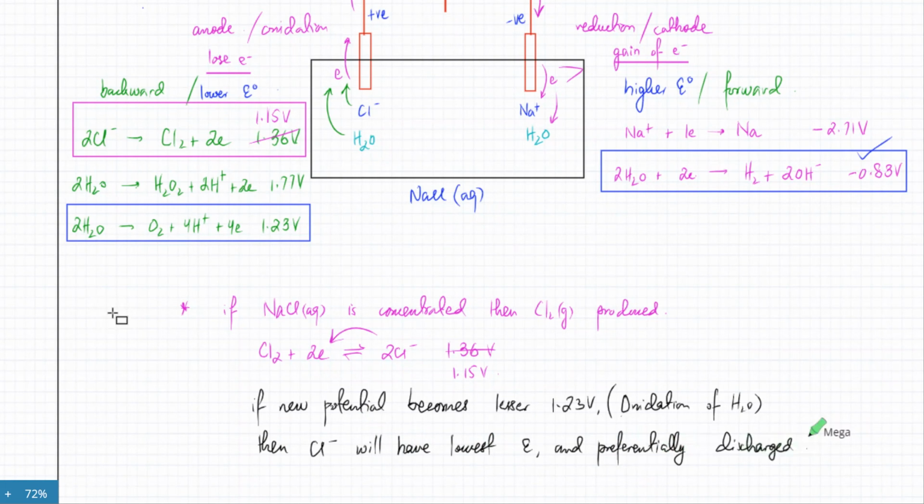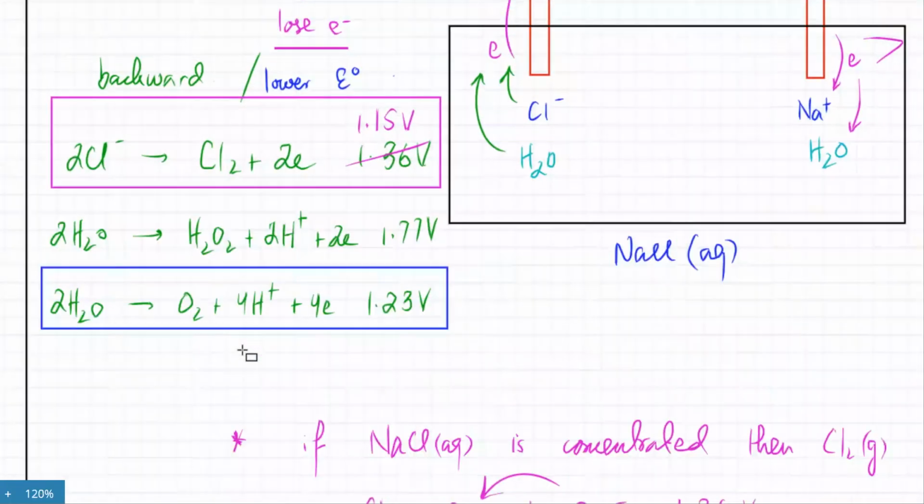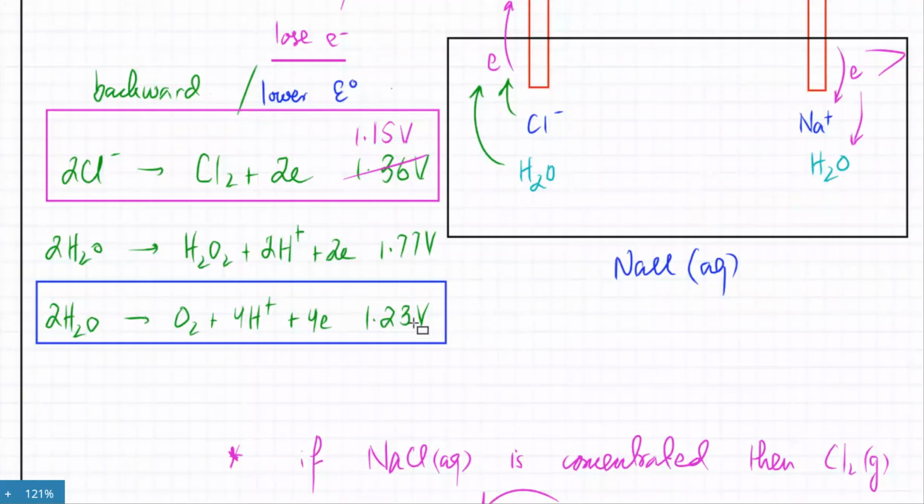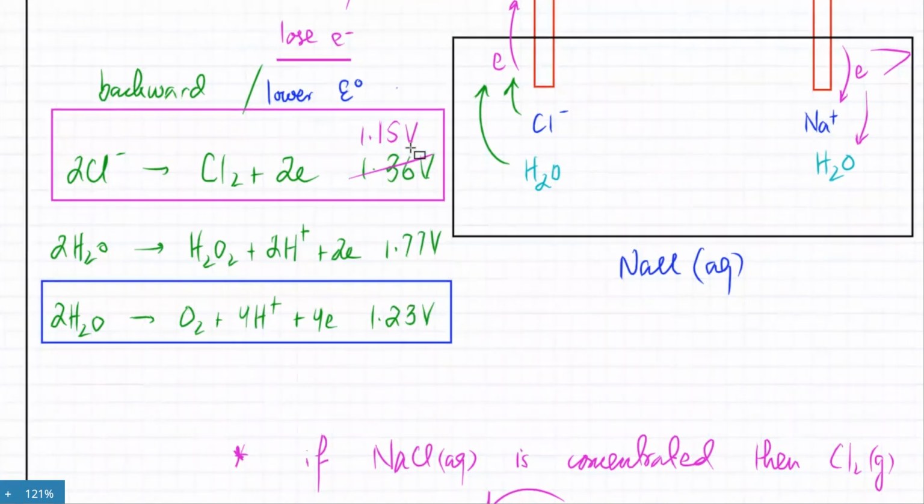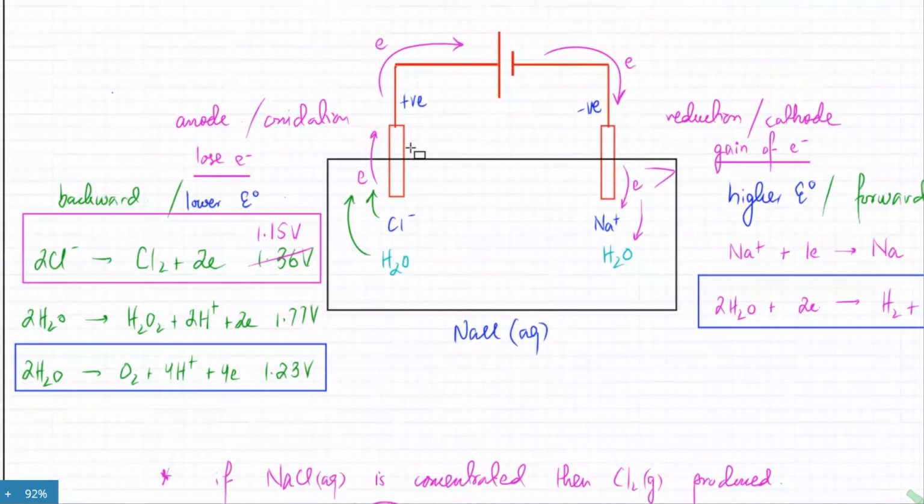So is this clear? Remember, this changing potential can apply to many things, but usually it only comes into play when the difference in potentials is very small. For example, this 1.77 is out of the question, because if you change the concentration, the potential is not going to increase that drastically. But these two are very close together, so the lower one could become the higher one.